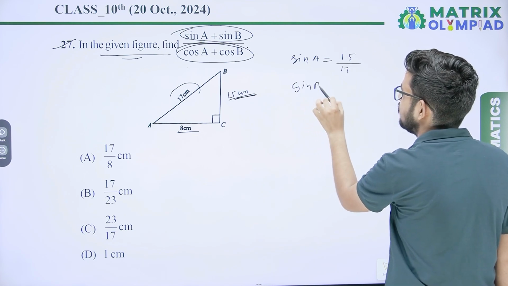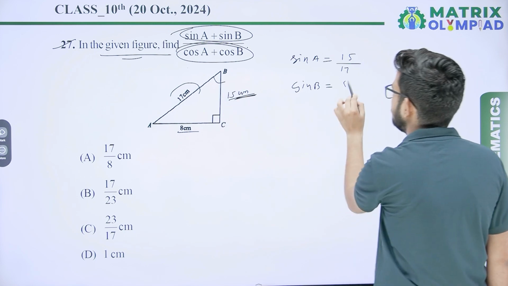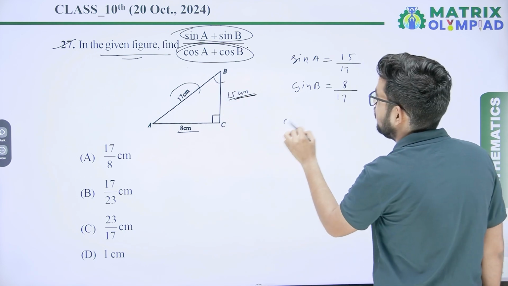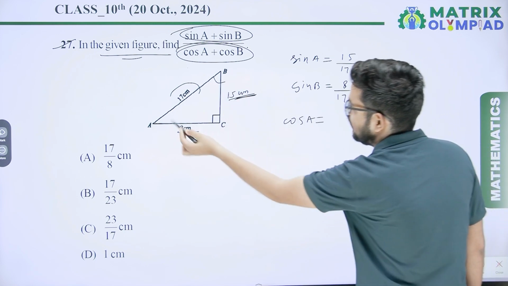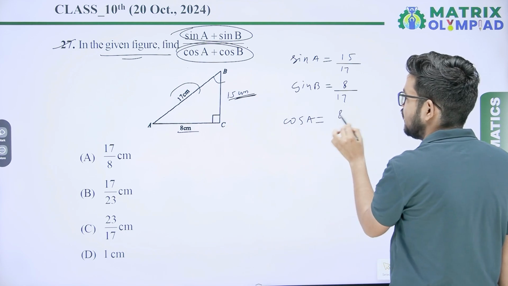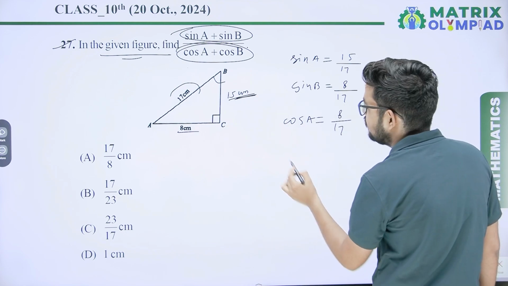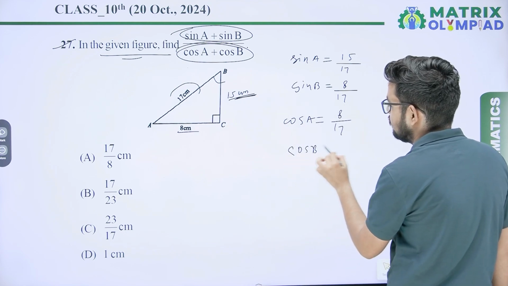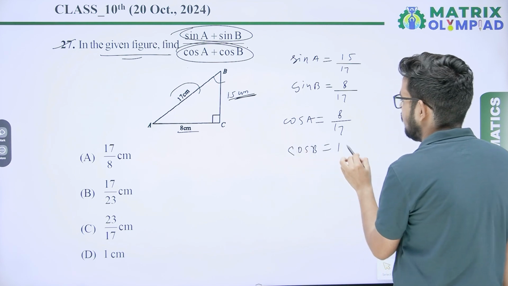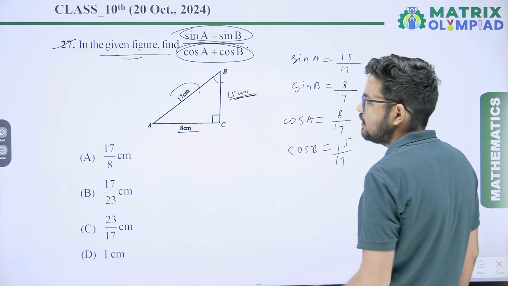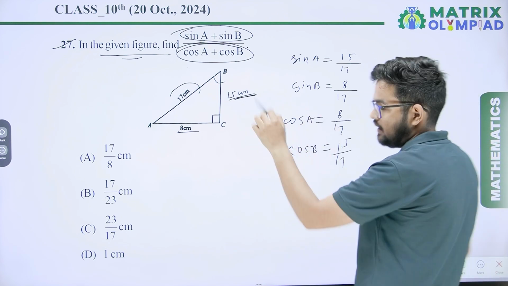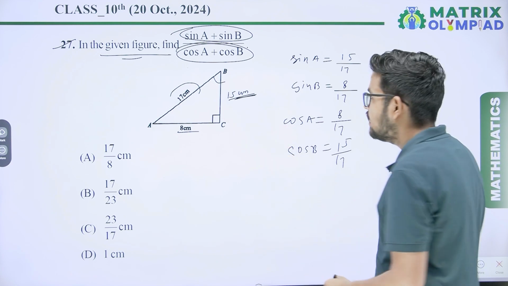Sin B is 8 upon 17, and cos A will be base upon hypotenuse, 8 upon 17, and cos B is 15 upon 17.